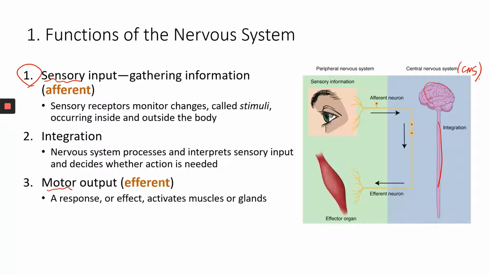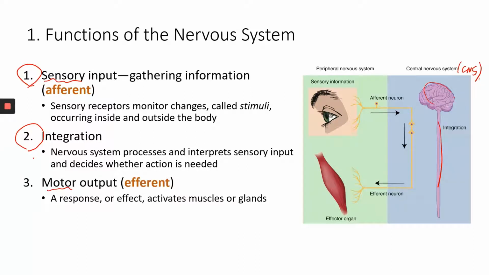Now, with that information, the CNS is going to do some processing and interpret that information. So this is how you can see things, right? Once the CNS processes the vision, the sensory information, this is how you see different objects, different movements, things like that.